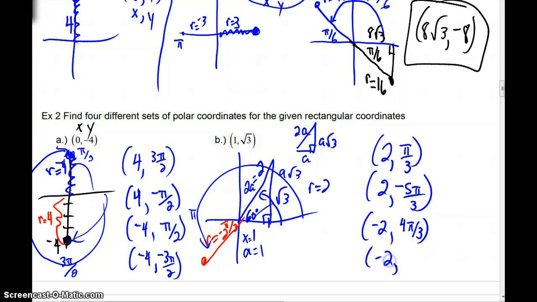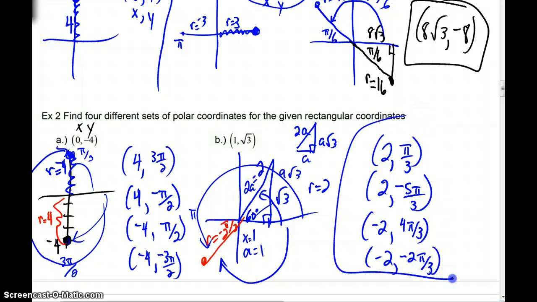We could also work in a negative angle direction. That would be -2 pi over 3. So here are 4 different ways we can represent the point 1 comma root 3. All of those forms are representing this point that I'm going to highlight right now. This point that with x and y we call 1 comma root 3.